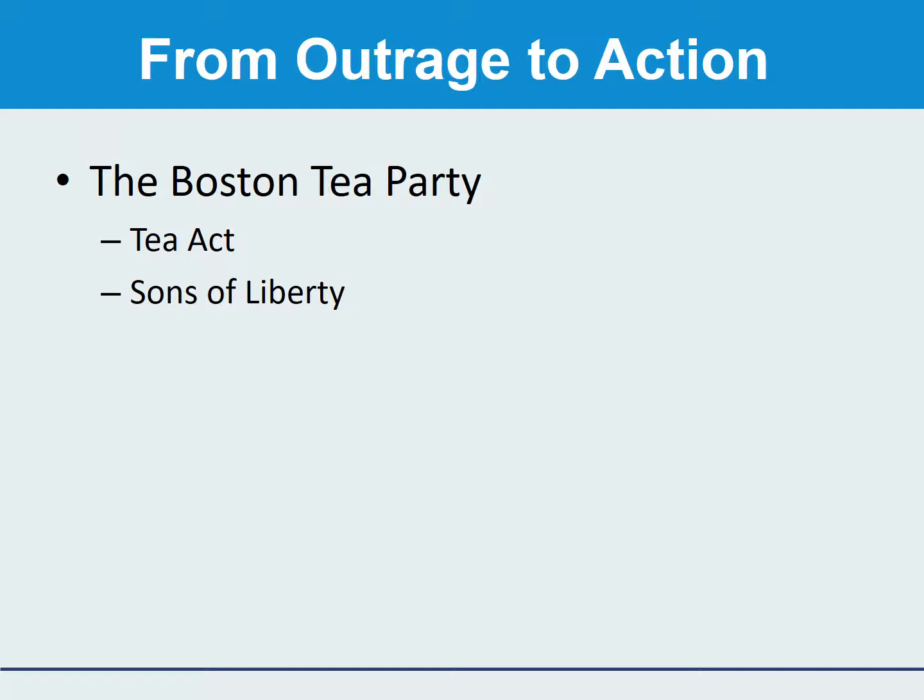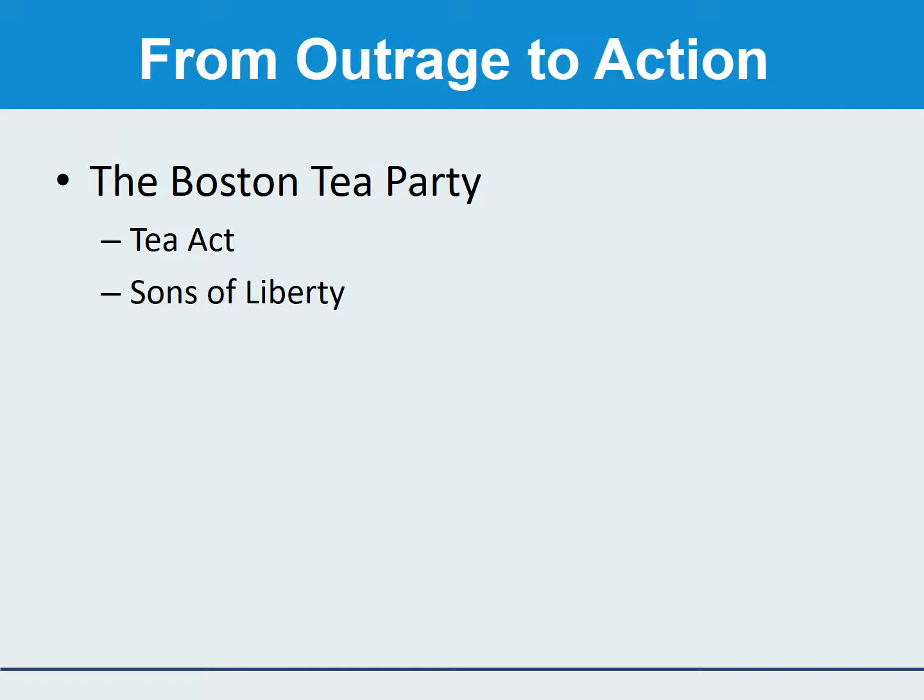And by this time we have a group of revolutionaries that have become more organized in Boston, and they are calling themselves the Sons of Liberty. And the Sons of Liberty decided that as a form of protest against the Tea Act, they would dress up as Indians and go down to Boston Harbor, where there were some ships from the British East India Company, and dump all of the tea overboard.